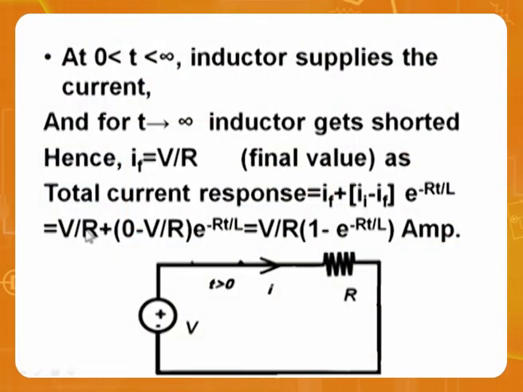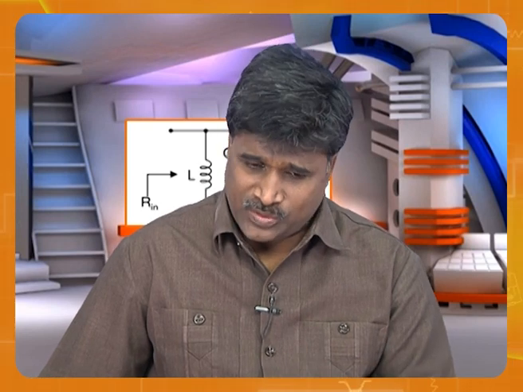We need initial value and final value. Because look at this, total current response is equal to IF plus (II minus IF) e power minus t by tau. So we need to understand final value and initial value. Initial value we already understood, that is II, that was 0.